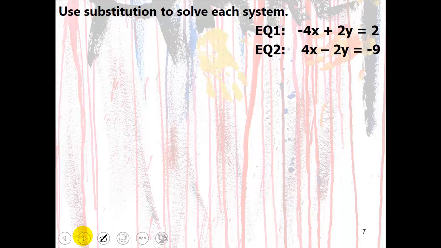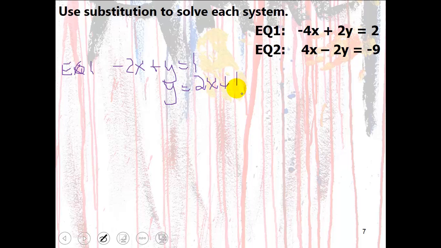Okay, so none of my variables have a coefficient of 1, so I'm just going to pick equation 1 and I'm going to divide through by 2. I'm going to go negative 2x plus y is equal to 1. And now I'm going to solve for y. y is equal to 2x plus 1.